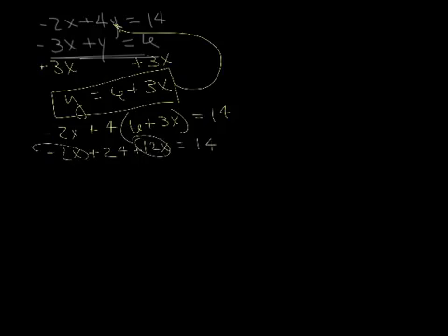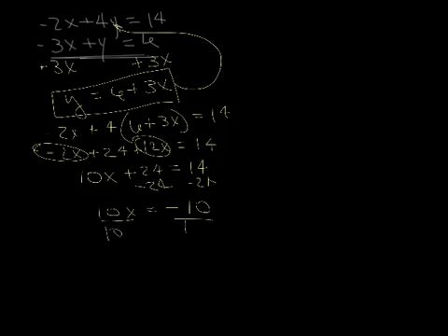Combine like terms, a negative 2x and a positive 12x is 10x. Subtract 24, and I get 10x equals negative 10. And then I'll divide by 10, and my x equals negative 1.